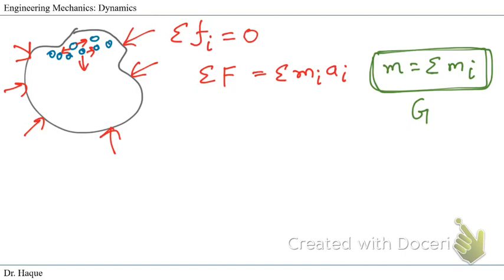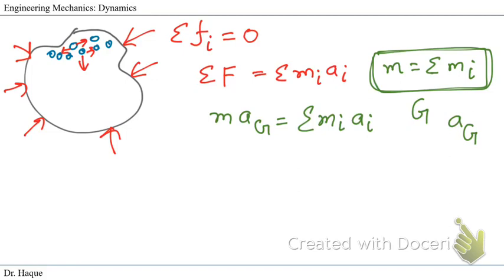So if G is the center of mass, we can relate the acceleration of each particle to the acceleration of the center of mass that we just defined, and then we can derive that the mass times the acceleration a_G of the center of mass equals the sum of the mass of each particle times the acceleration of each particle.